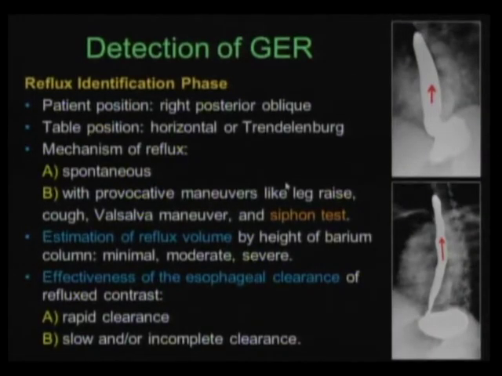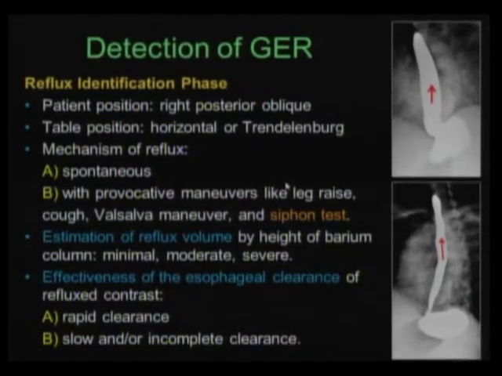So what is the contribution of radiology to the diagnosis of gastroesophageal reflux? Well, first, detect that there is a gastroesophageal reflux. As I mentioned before, we place the patient in left lateral decubitus, and after the contrast is in the gastric fundus, we turn the patient toward the right side, and we try to see if there is reflux.